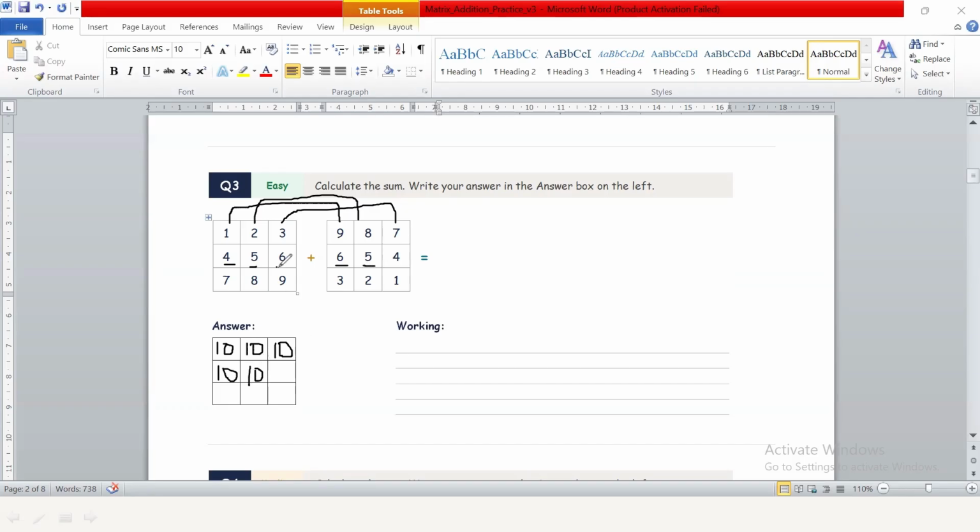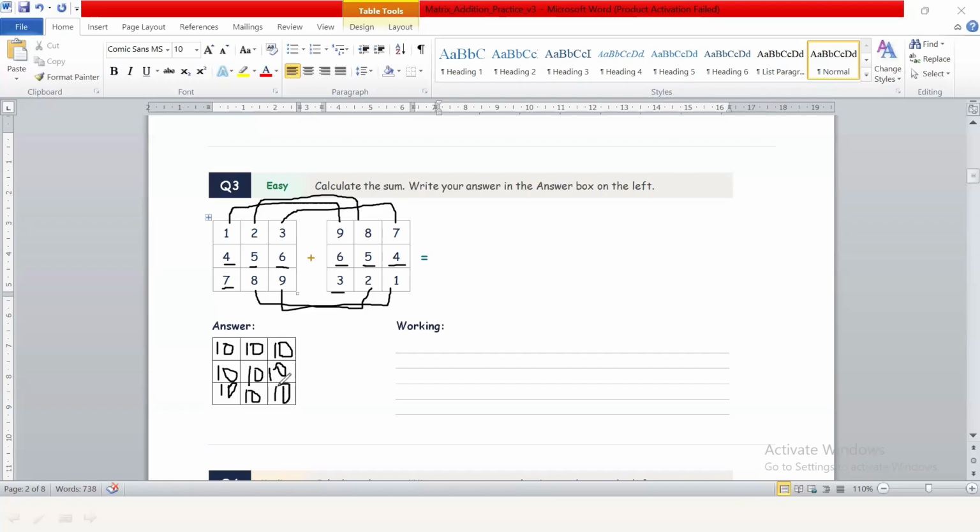And then we have 6 adding 4, which is also 10. Then 7 adding 3, which is 10. Then 8 adding 2, which is 10 also. And finally, 9 adding 1, which is 10.